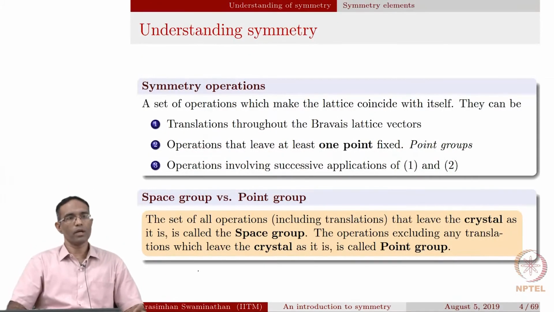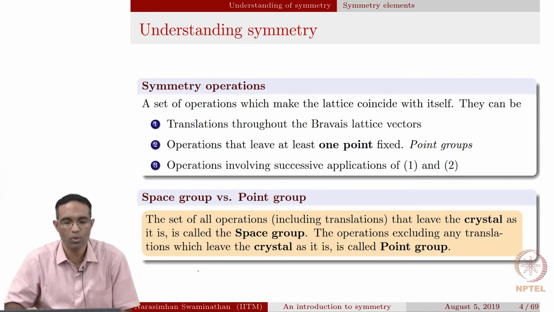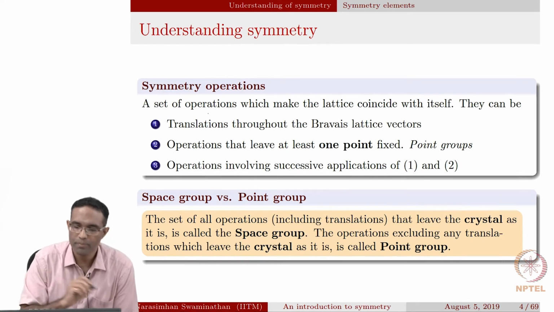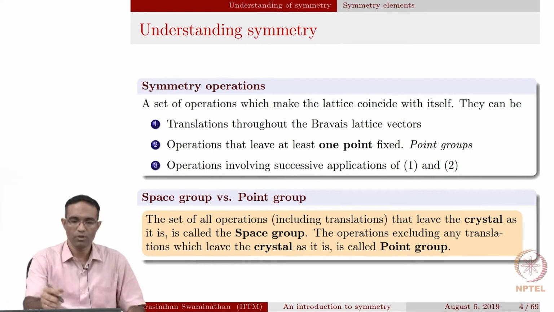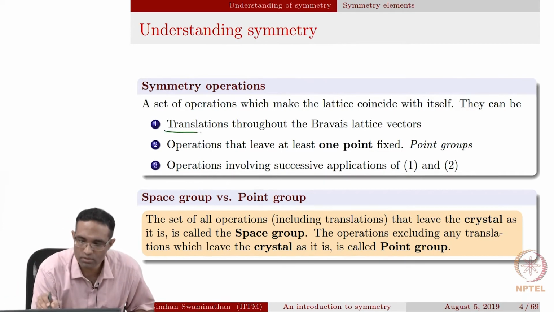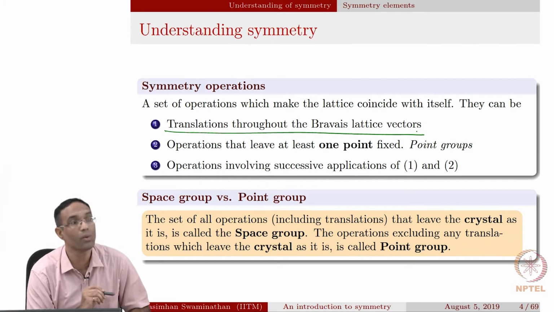Now we will start talking about various symmetry elements that are possible in a little bit more detail, such as mirroring and rotation and so on. So the symmetry definition by itself should be clear. If you do that operation, it will make it indistinguishable from what you started off with. You have translations throughout the Bravais lattice. We already know what that means, right?